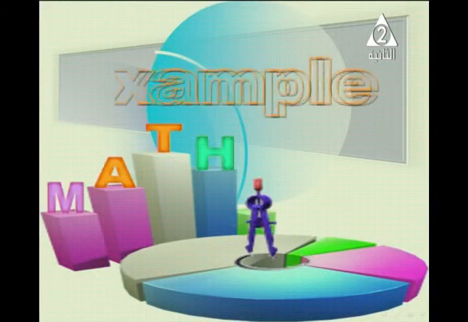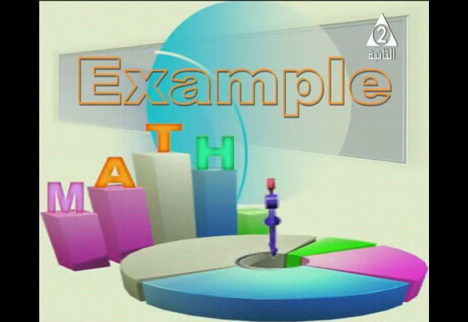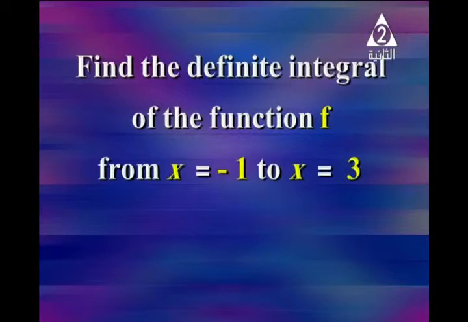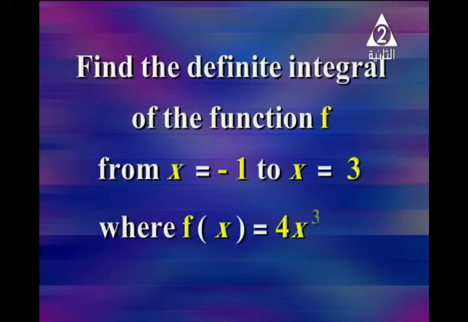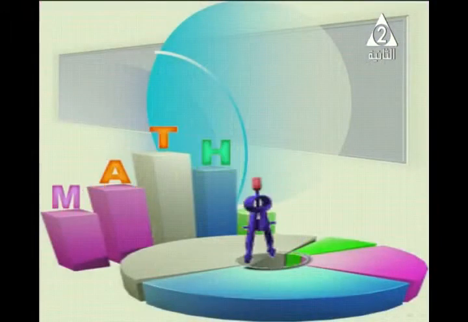Now we move to an important example. Find the definite integral of the function f from x1 equal -1 to x2 equal 3, where f of x equals 4x power 3 plus 1. Dear student, look at the solution.